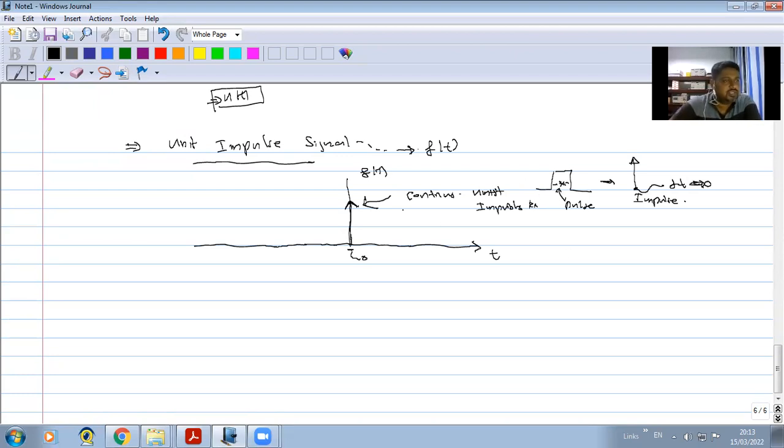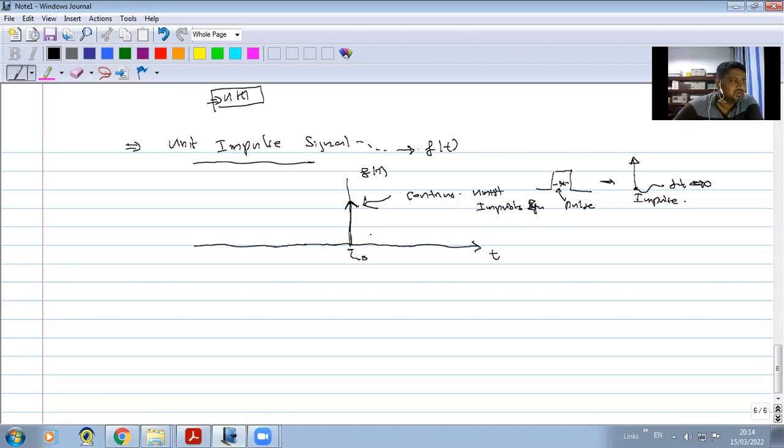We will only focus on the continuous format. So it is drawn like this, and it is denoted like this.